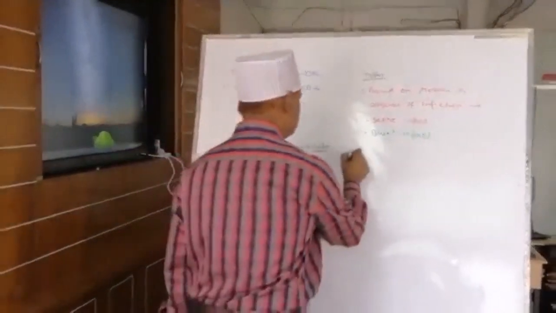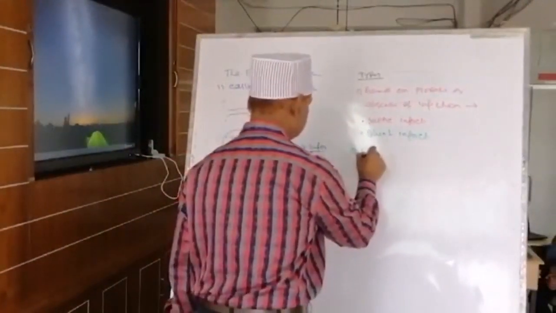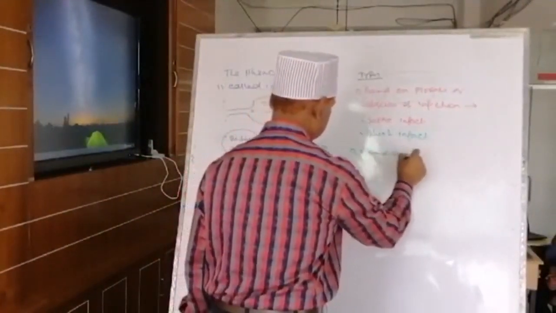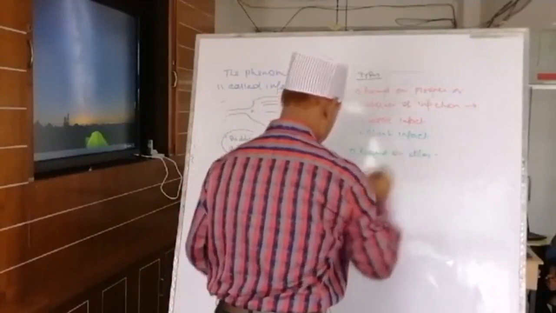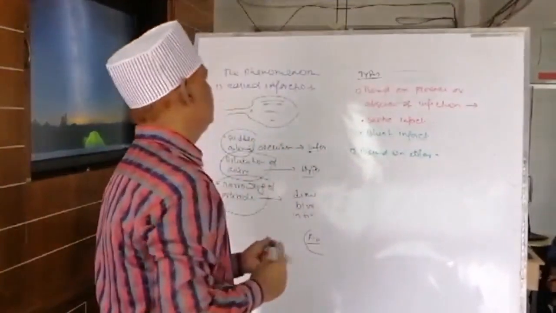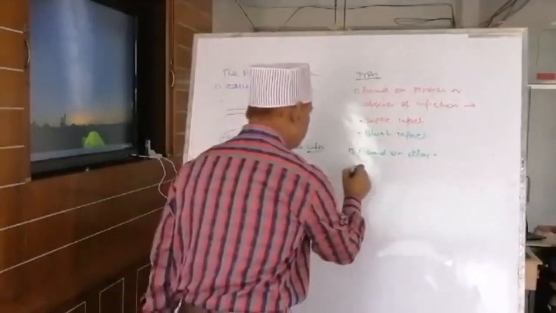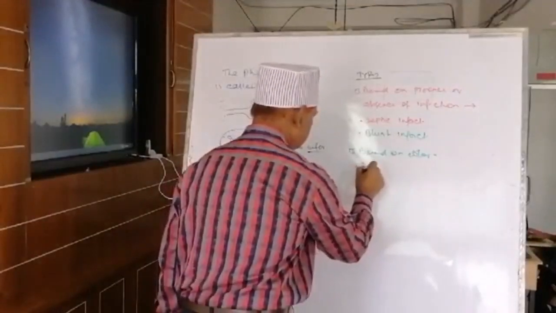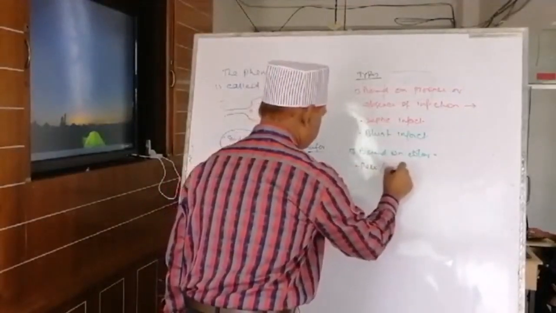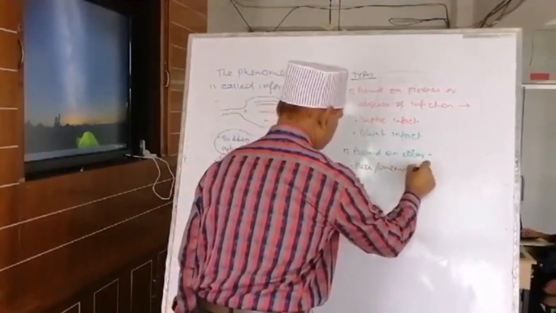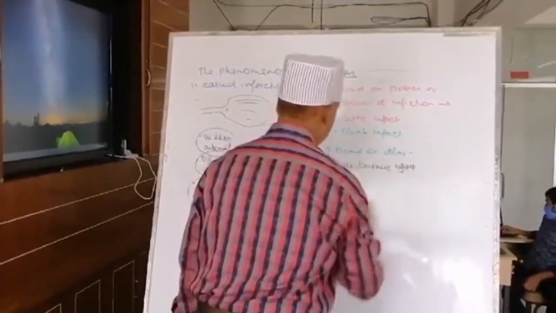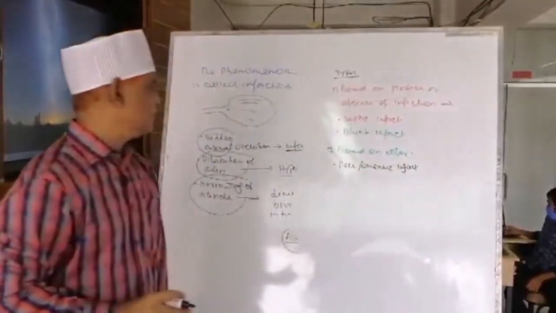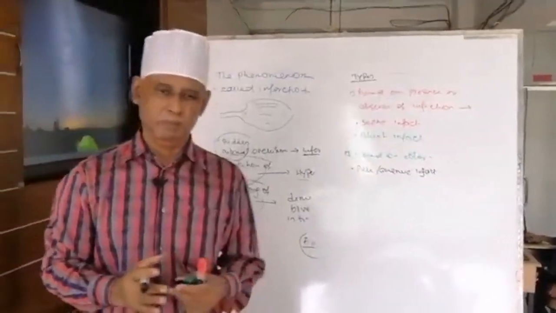Now come to based on color. Based on color, infarct may be pale or anemic. First one is pale infarct or anemic infarct.